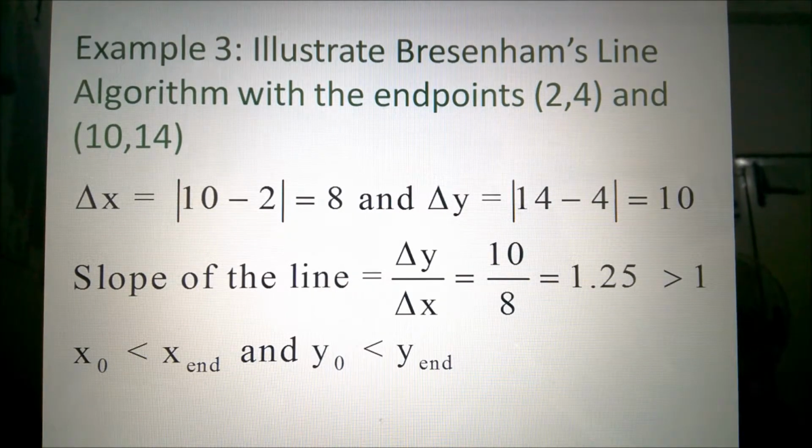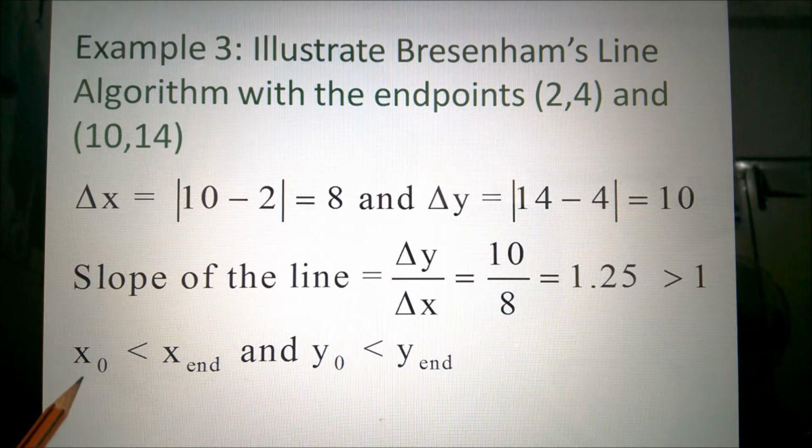Because it is greater than 1, the formula for the decision parameter and the sampling will change. In this case, the sampling of the y coordinate will be unity every time. Another thing, in this case, the initial x coordinate is lesser and the y coordinate is also lesser than the ending coordinate.